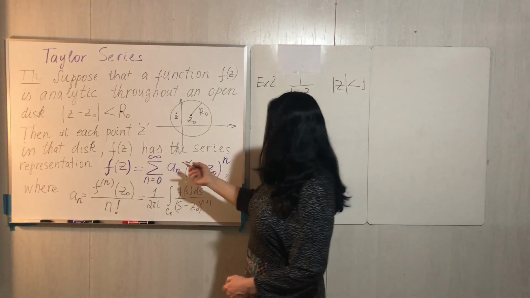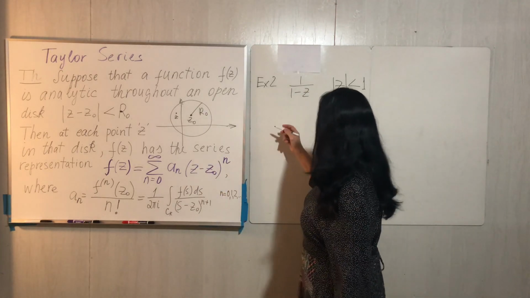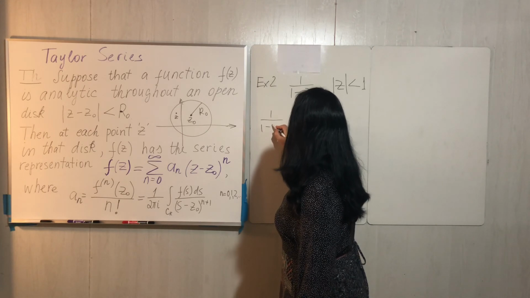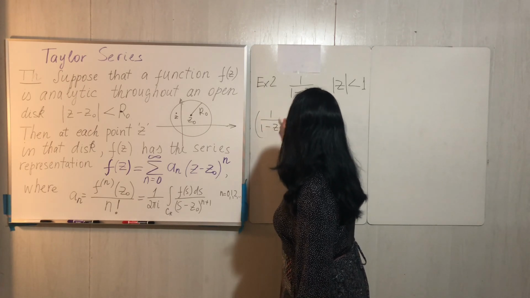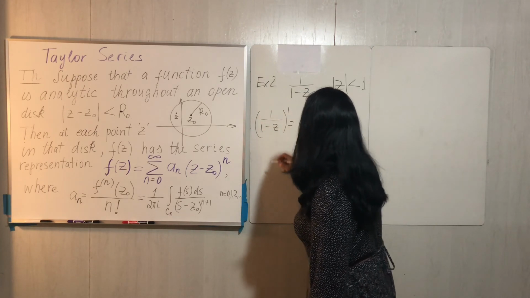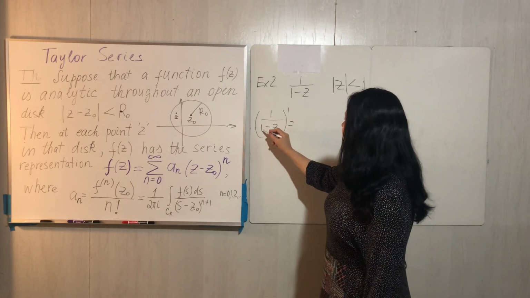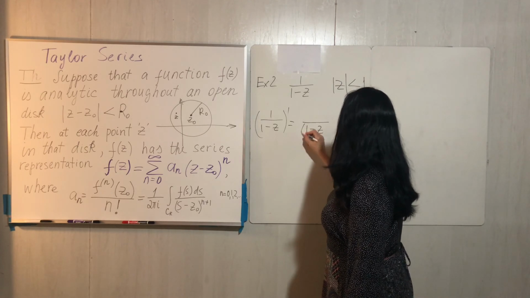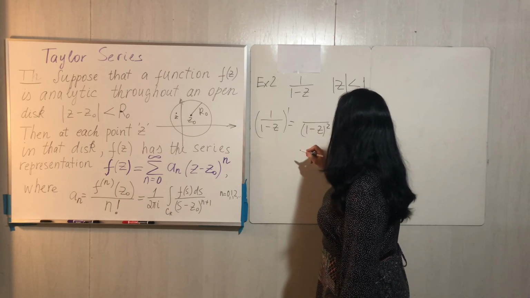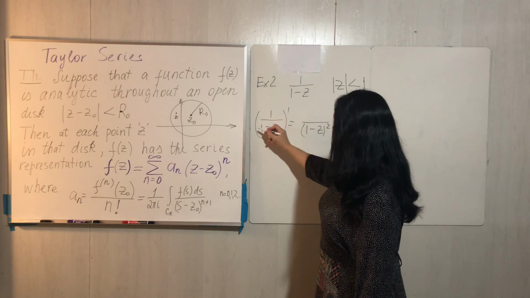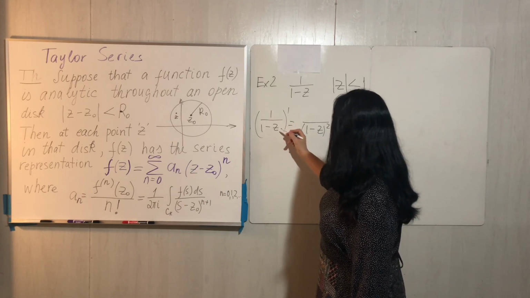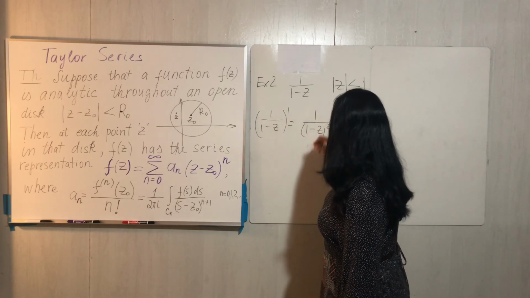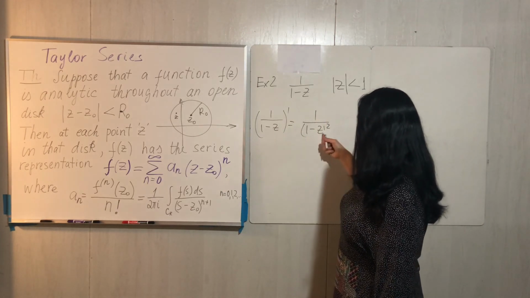Then our function would be analytic, and then we can compute all of the derivatives. So the derivative of 1 minus z to the negative 1 with respect to z would be 1 minus z to the negative 2, and using the chain rule we have to multiply by another minus, and we can continue this process.